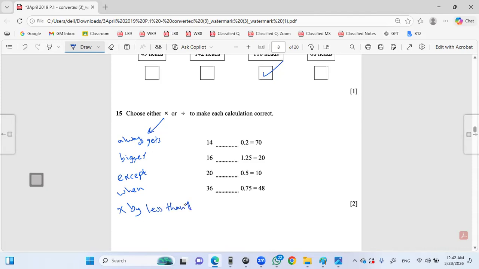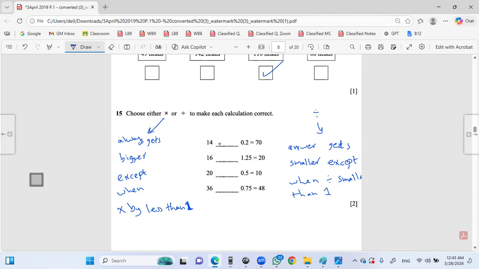Multiplied by less than 1, the answer gets smaller. Same thing exactly with division. Division, the answer gets smaller, except when you divide by smaller than 1. The answer then gets bigger.